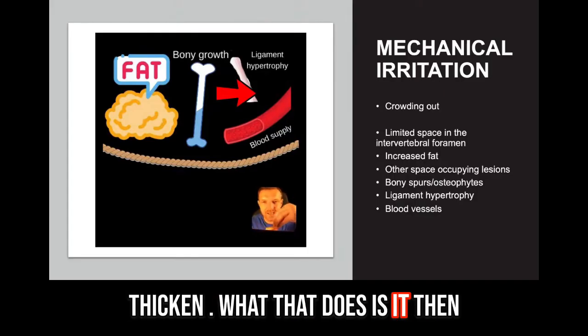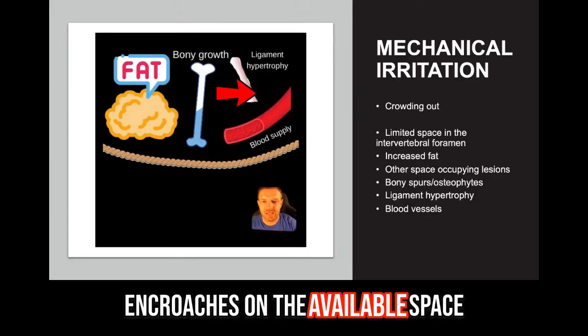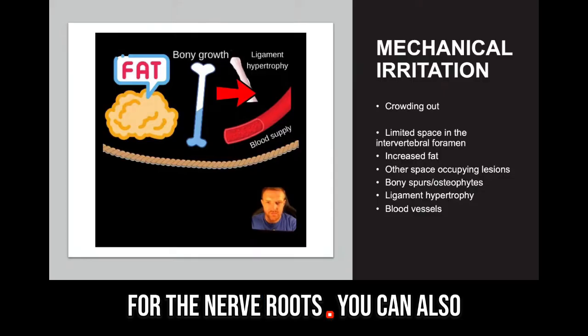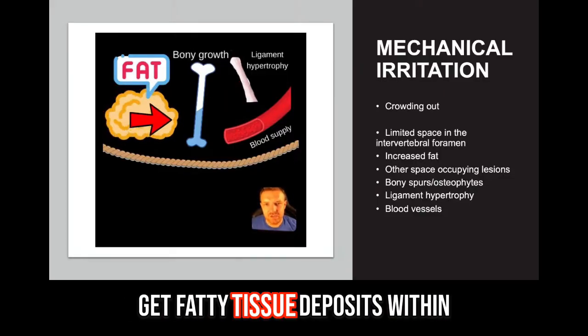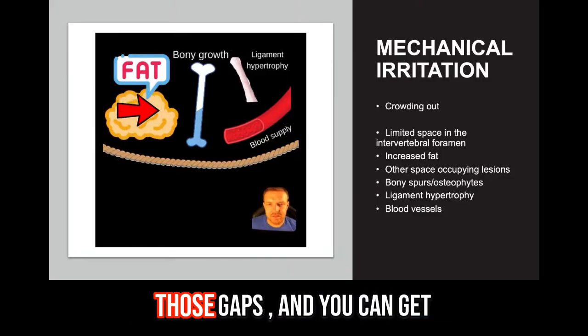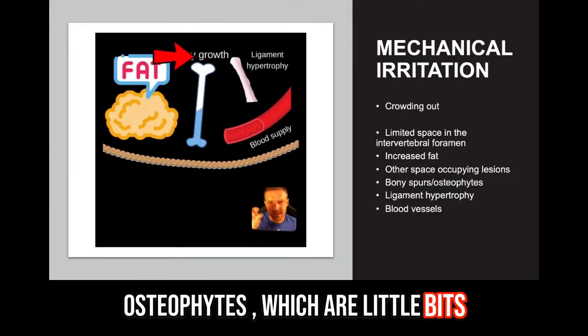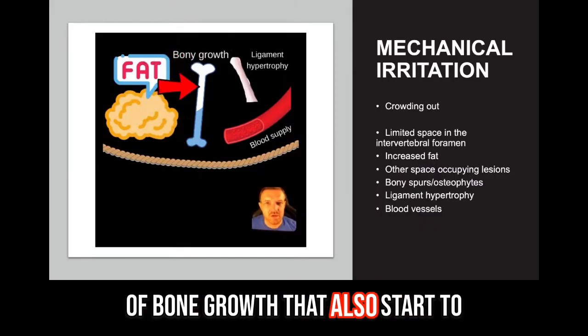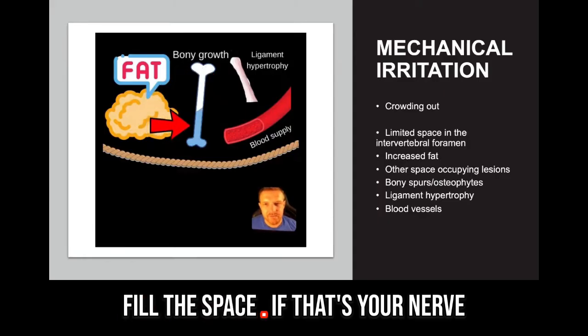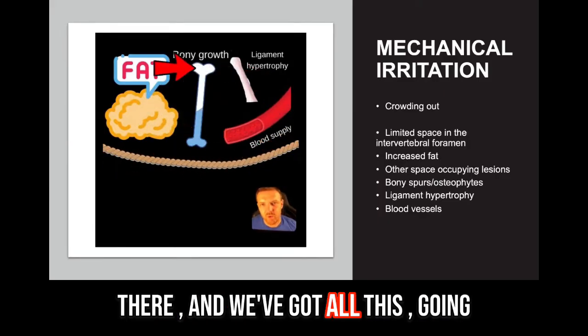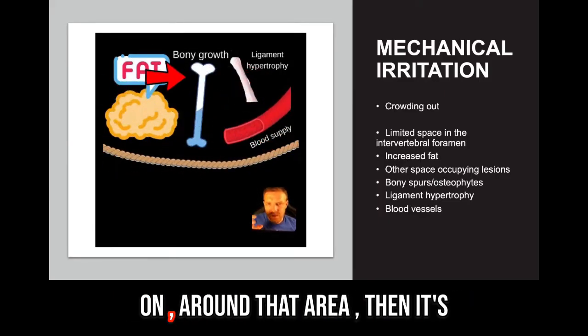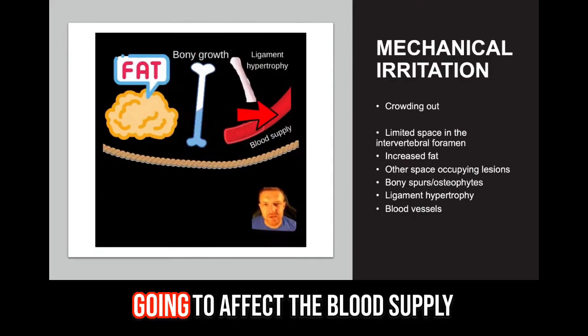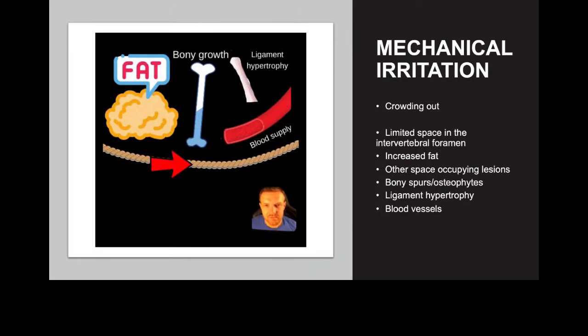What that does is it then encroaches on the available space for the nerve roots. You can also get fatty tissue deposits within those gaps, and you can get osteophytes, which are little bits of bone growth that also start to fill the space. If that's your nerve there, and we've got all this going on around that area, then it's going to affect the blood supply to the nerve, potentially.